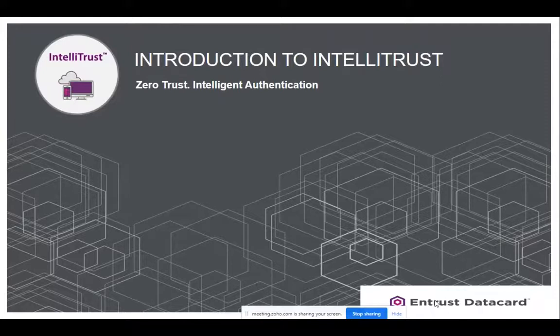If a customer wants an on-premise multi-factor authentication solution, Entrust has a solution called Identity Guard, which is basically an on-premise solution. But if a customer is okay with the cloud approach, wants to go with the cloud, and wants to integrate mainly cloud applications, you can always go ahead and propose Intellitrust as a solution. Okay.